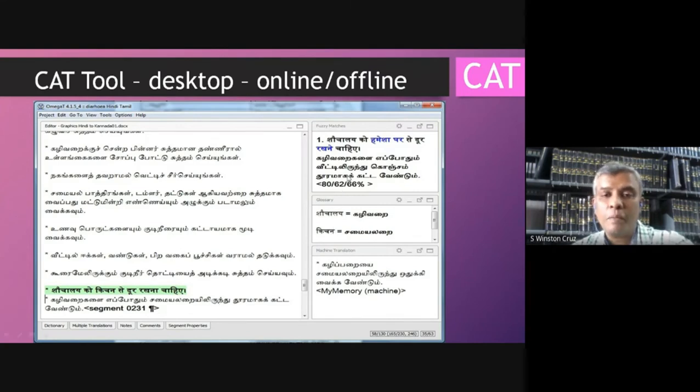So you see another sentence which is available here. शौचालय को हमेशा घर से दूर रखने चाहिए. I'm not a Hindi speaker, so forgive me for my pronunciation. So this is the difference between these two.